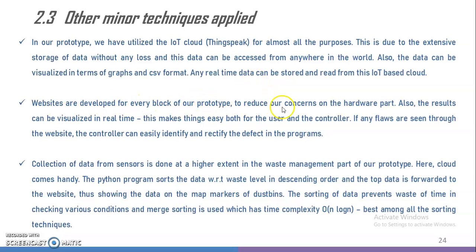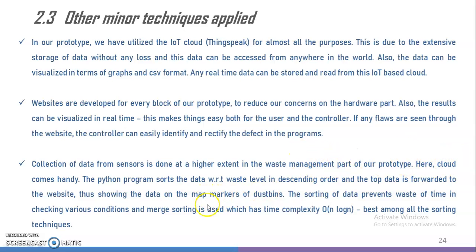Websites are developed for every block to reduce concerns on the hardware part. We can control it directly through websites, like the Google Map based website we saw in our car parking system. We will see it again in the next slide. The collection of data from sensors is done to a higher extent in the waste management system, and here the Python program sorts the data with respect to the waste level, which we will come to in the next part.